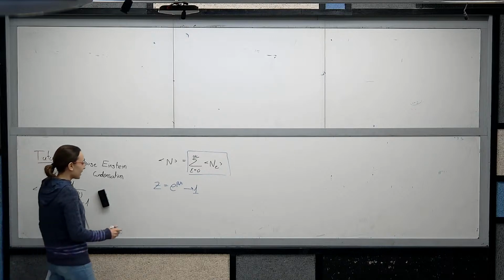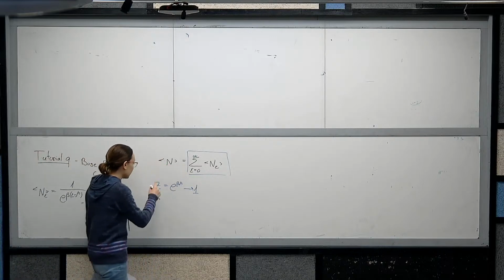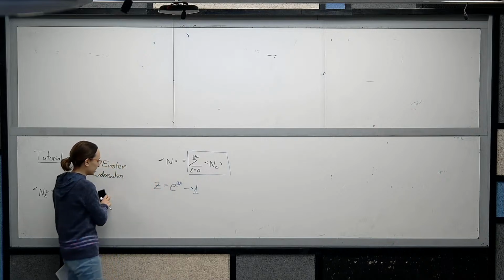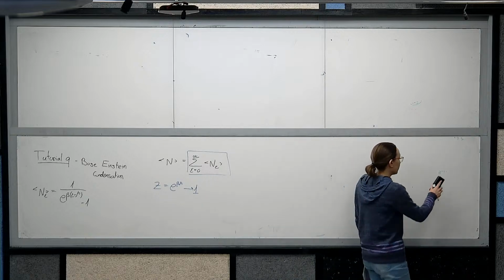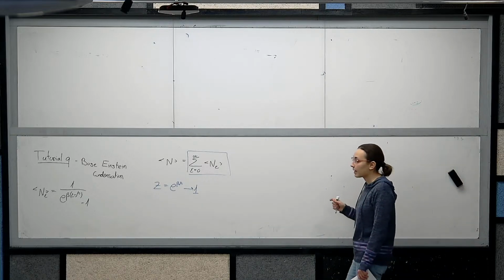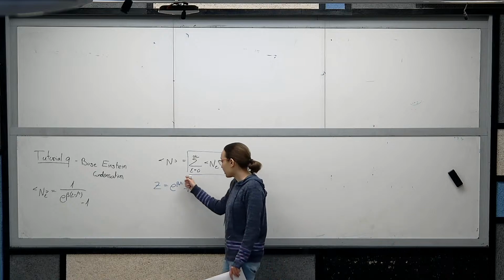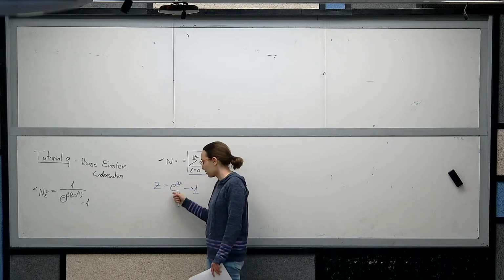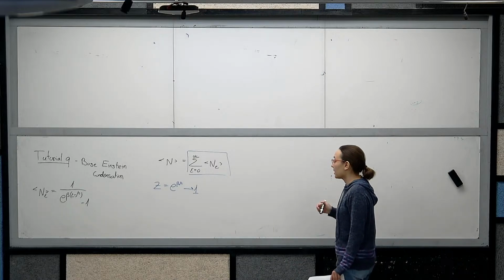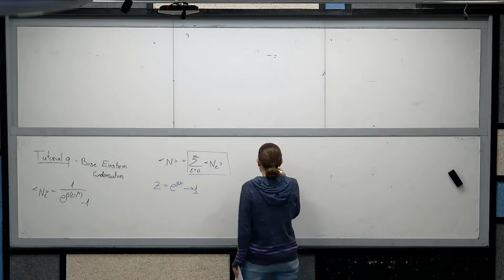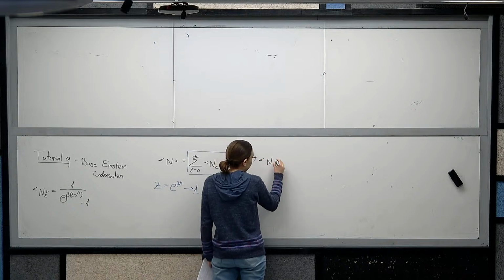So let's take this extreme case, where the maximum number of particles we can get in the system is with this equation, when this exponent goes to 1, and then the maximum number of particles we can get.